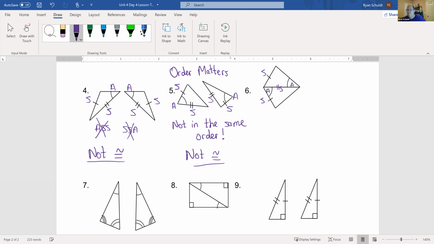No, they aren't. So again, I'll say it, not in same order. So these are not congruent.